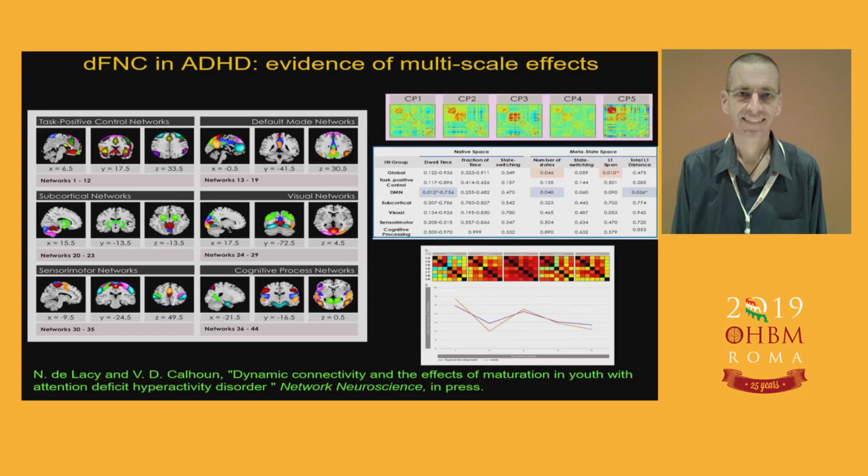Here's an example from ADHD, attention deficit hyperactivity disorder. This example, I think, provides some interesting observations that, depending on how we look at the data, we might get different conclusions. So if you look, for example, at the global measures that I mentioned before, we see evidence of increased dynamism in ADHD.